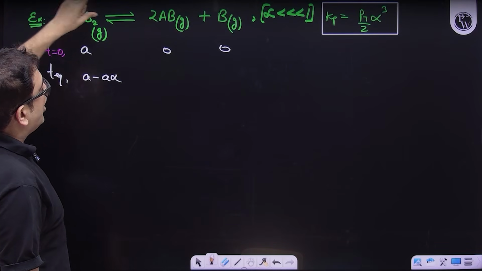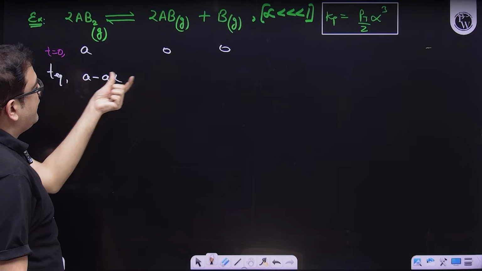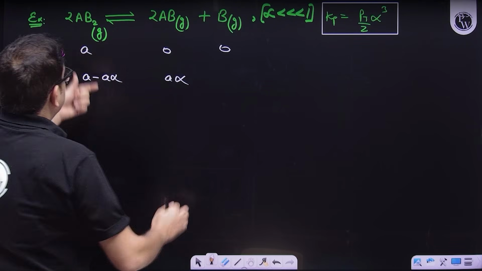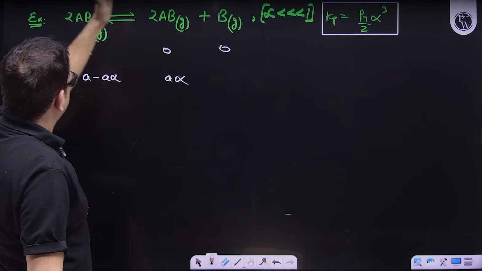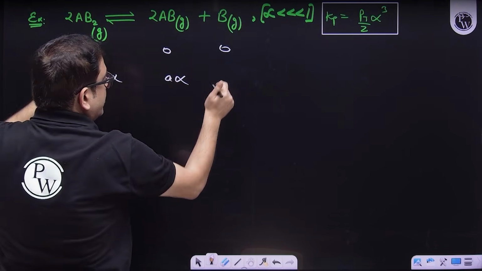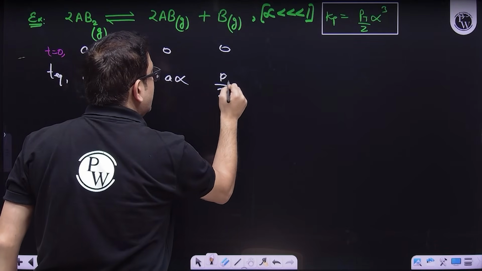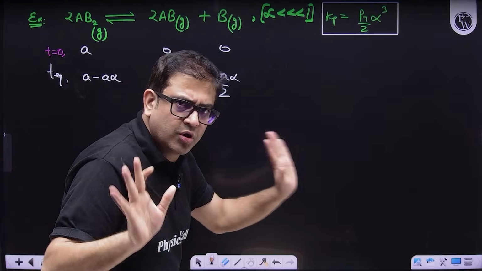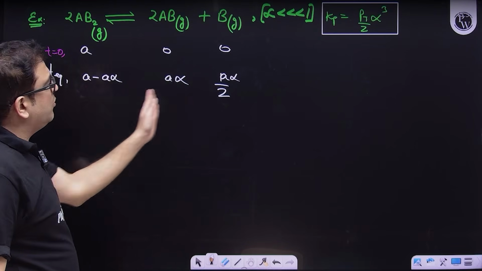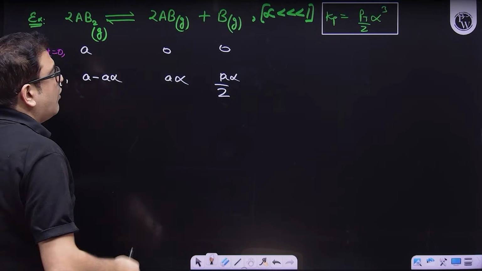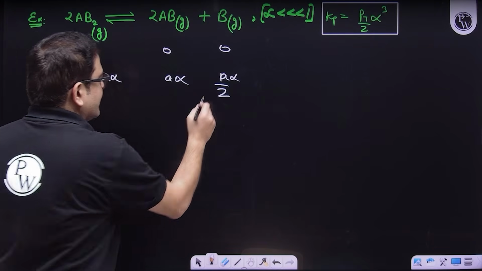So if 2 gone, 2 produced. So if A alpha gone, A alpha produced. If 2 gone, 1 produced. So if 1 gone, half produced. So if A alpha gone, A alpha by 2 produced. This stoichiometry you very well know now. So moles I know. Now I'll directly write the partial pressures.